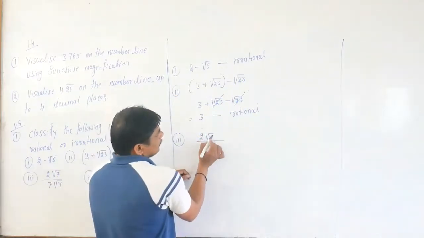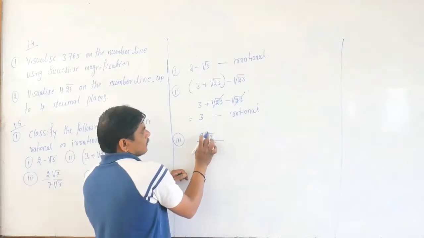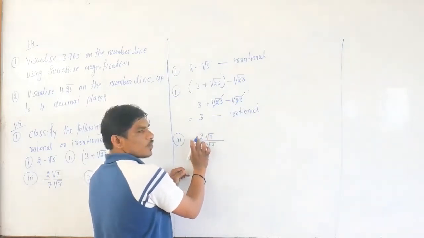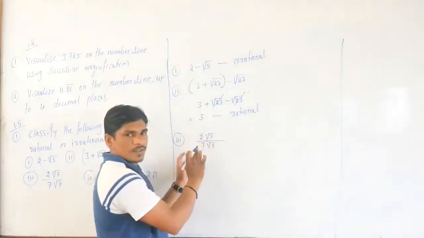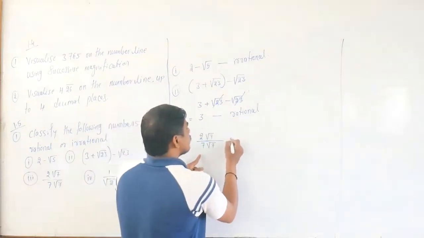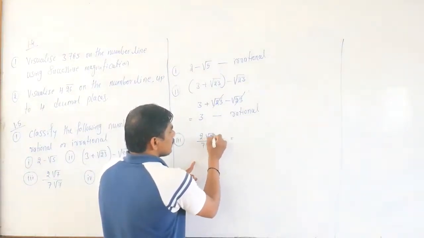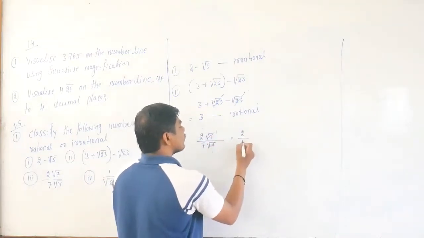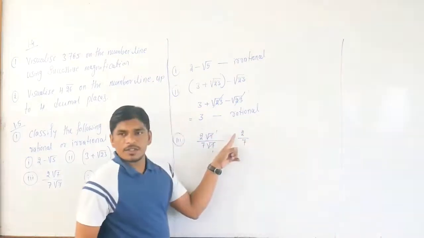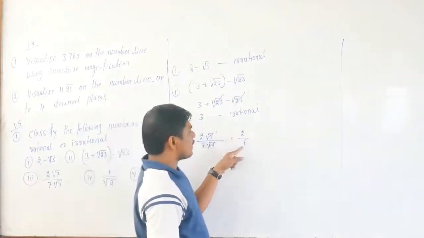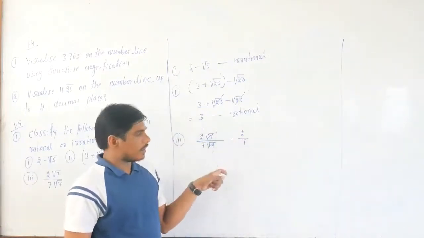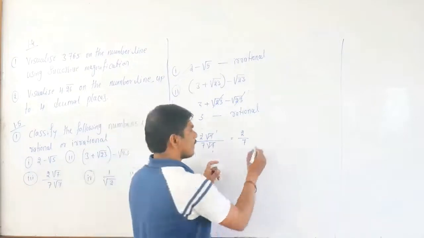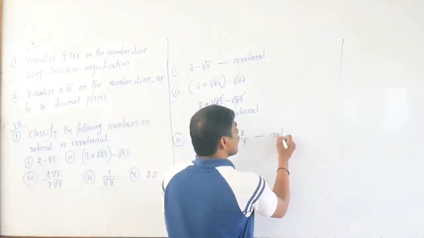Here root 7 is the radical sign and these are coefficients. This is the procedure of surds. Now the root 7s cancel, remaining 2 by 7. 2 by 7 is in the form of rational p by q. That's why this is also rational.